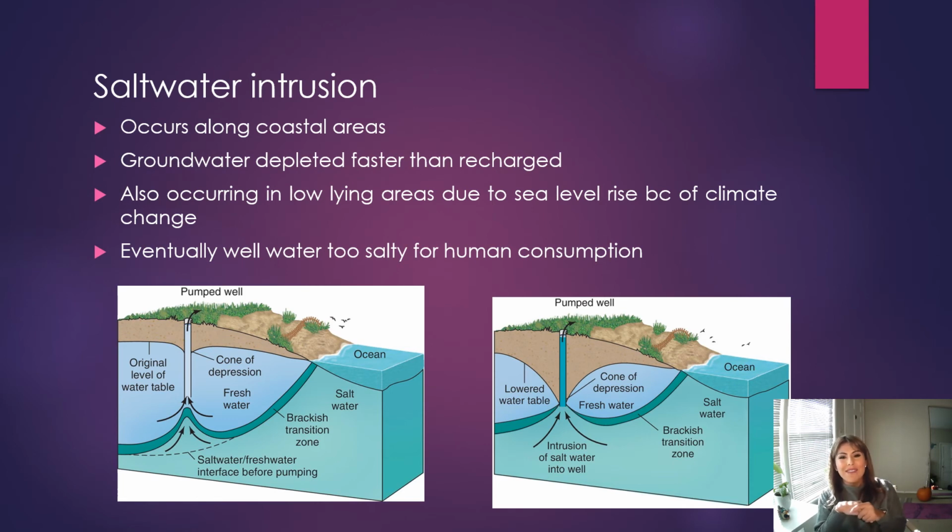So this eventually will damage it, like that groundwater that is there is not usable if that salt water comes in. This also occurs in low-lying areas due to sea level rise because of climate change. Eventually that well water that humans relied on is too salty for consumption. So that would be saltwater intrusion.